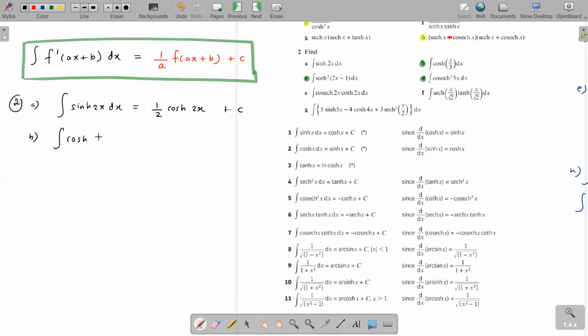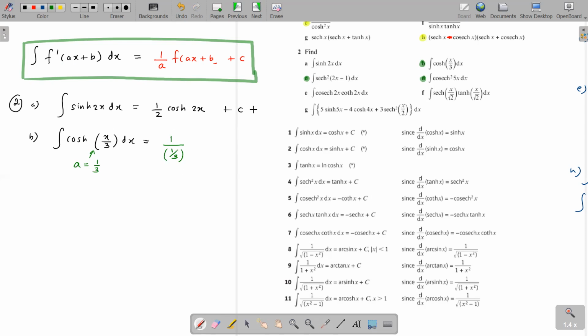Integration of cos x over 3. Use this rule, the generalized rule. So in the generalized rule, what is the a value in this case? The a value is 1 over 3. Do you see? Your a value in this case is 1 over 3. Now remember when you are using the generalized rule, it has to be 1 over a, right? So 1 over 1 over 3.